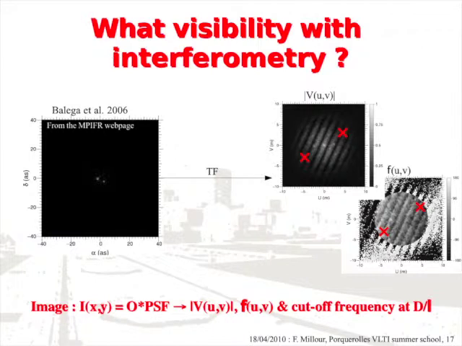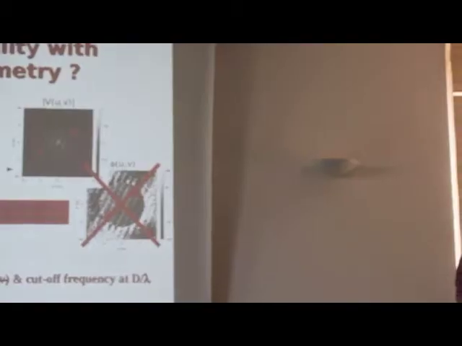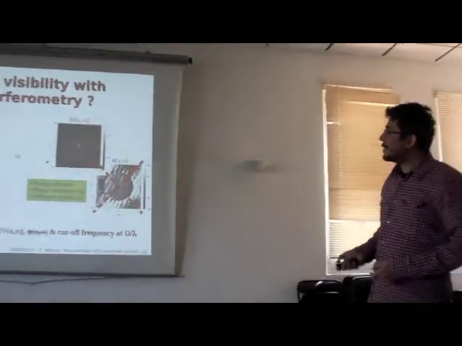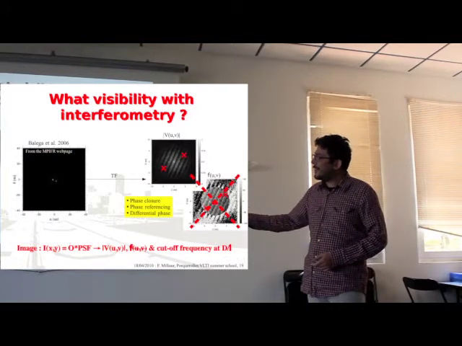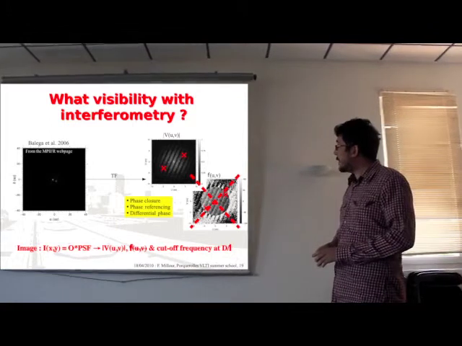So basically, to summarize, first you measure visibility just at one point in this UV plane, and you don't have the phase. So you just have access to the amplitude of this visibility function. I think there will be a talk about how to partly overcome this problem, because in fact you have access to some phase information, but you lose a big part of it.